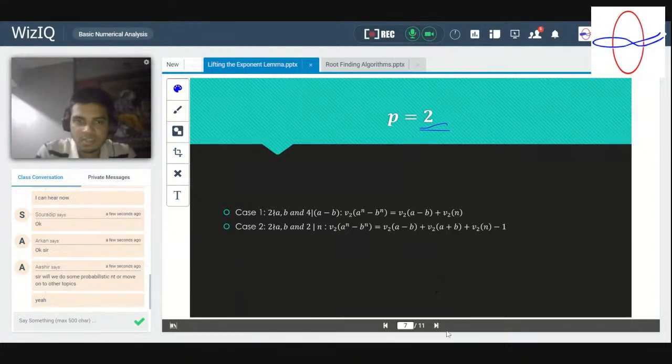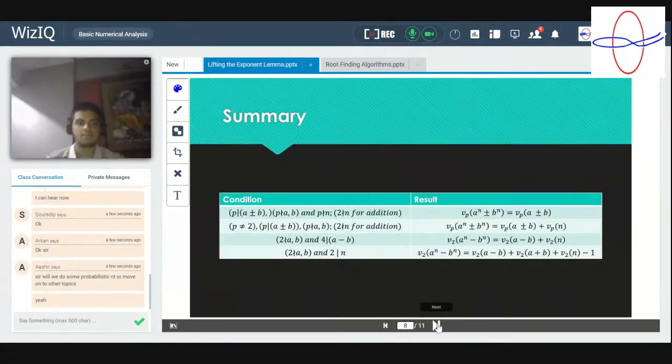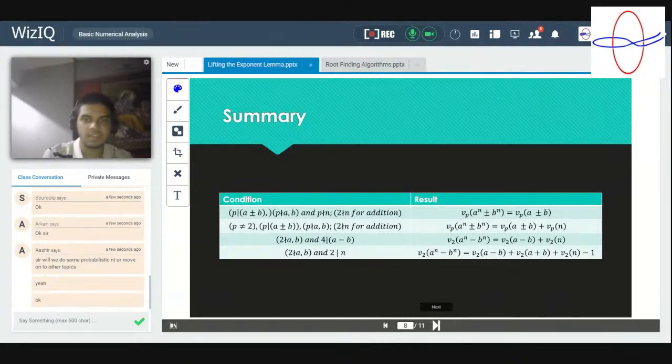but let's just finish this first. After that, I'll just check. We might do either some probabilistic number theory or move on to something else. I'll check and tell you the final plan. Right.